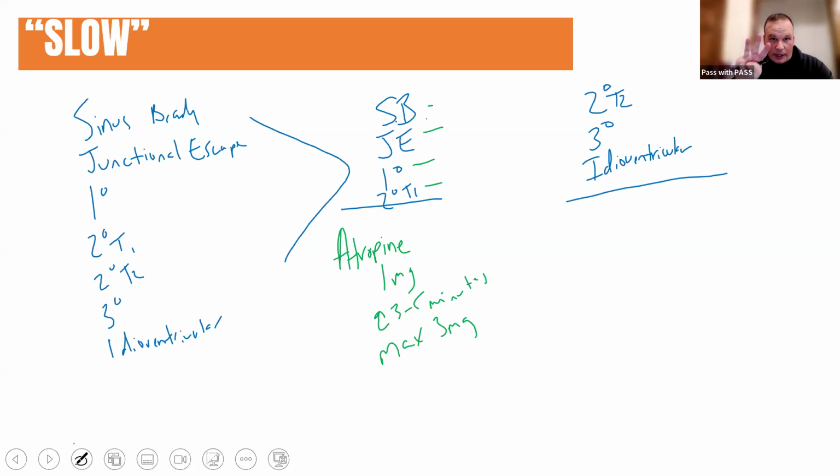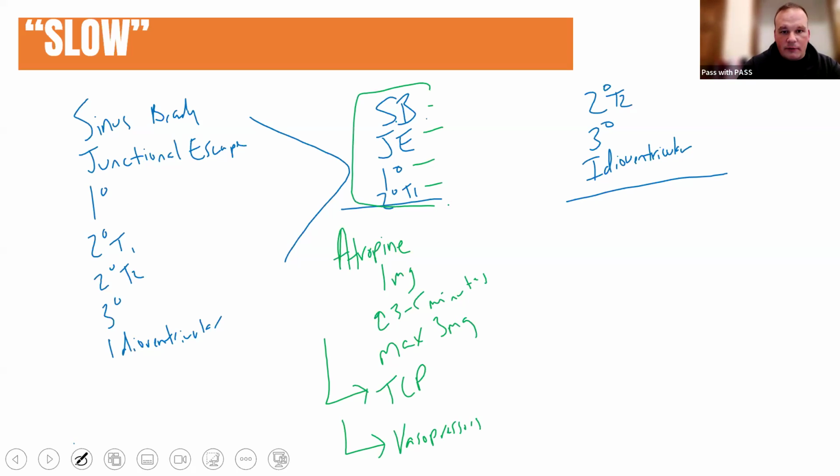So I can do that 3 times. Okay. If that doesn't work, I can go to transcutaneous pacing, which we will talk about. And then I can go to vasopressors if I need to. So that is my algorithm for these 4 rhythms.